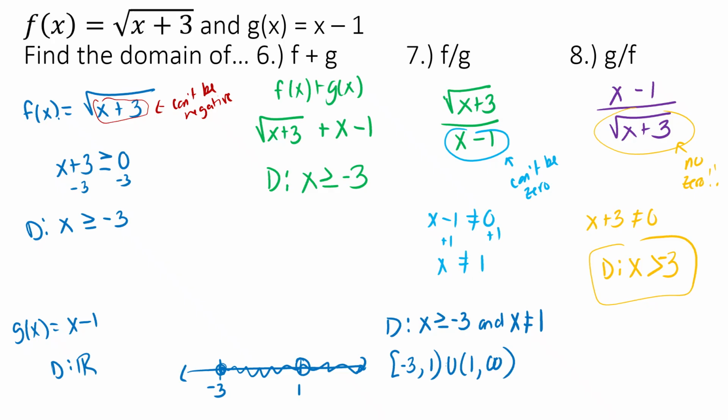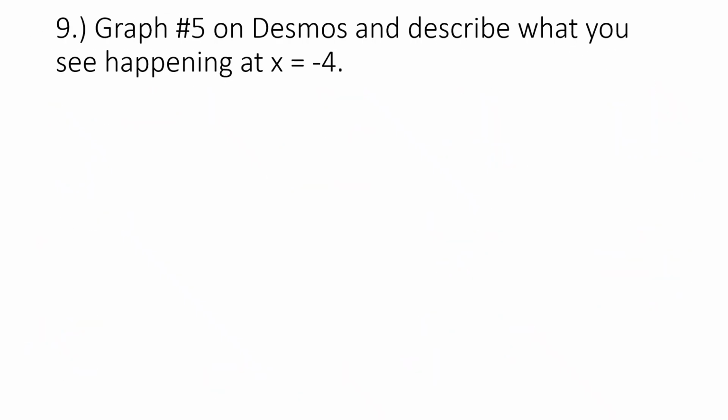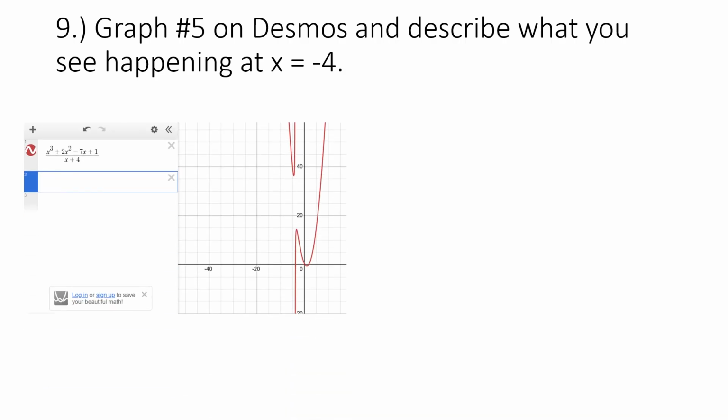All right, number 9, graph number 5 on Desmos and describe what you see happening in number 5. And just for the record, it's going to pop up. So let's take a look. So that's number 5. Now you could have graphed this before or after the division.